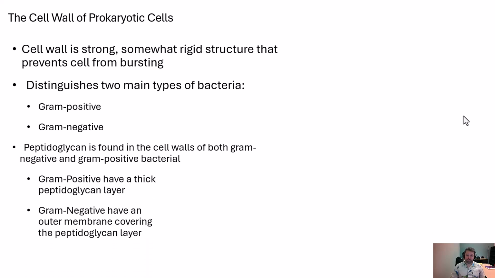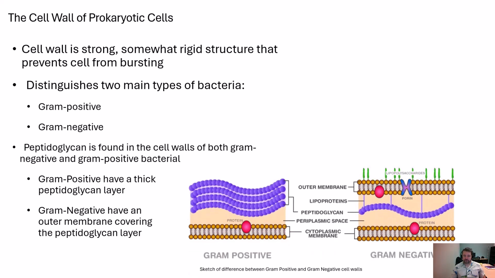Gram-negative have peptidoglycan, but it's a much smaller layer. It's like a single or two layers thick, but then on the outside of that, it will have a capsule or a covering. We'll cover this here in a second. So here you can see the gram-positive.